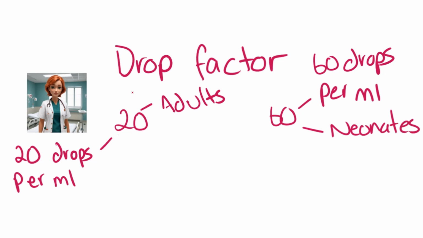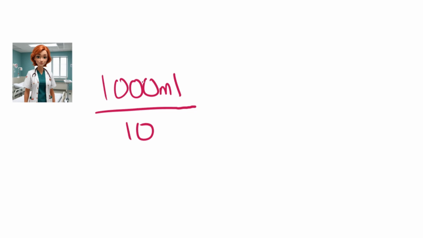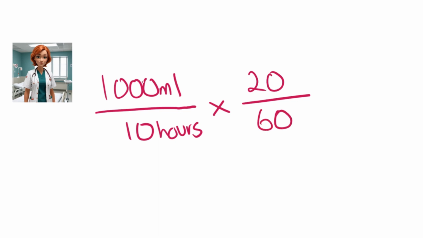Let's have a look at the formula. So for this example, we'll catch up. We've got 1,000 mils. We're going to administer that over 10 hours. We're going to use an adult giving set of 20. And let's talk about the 60.